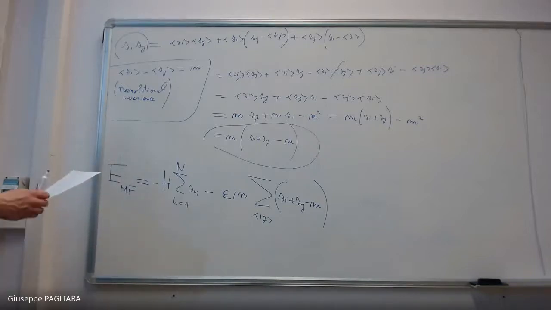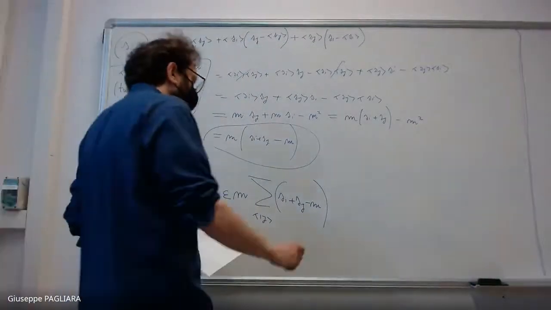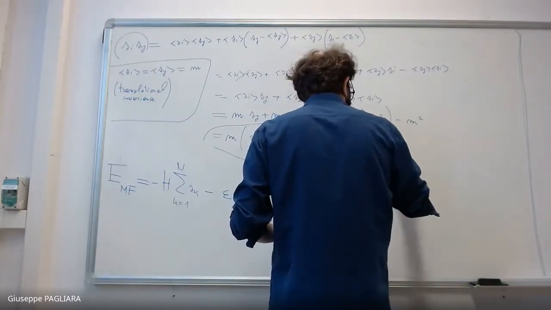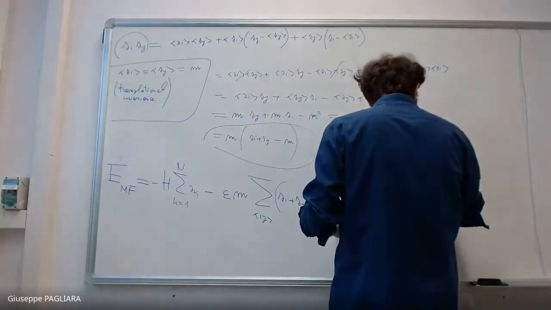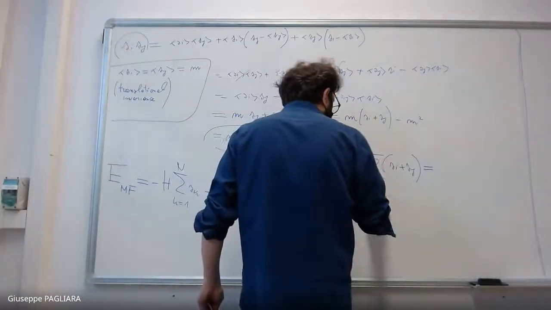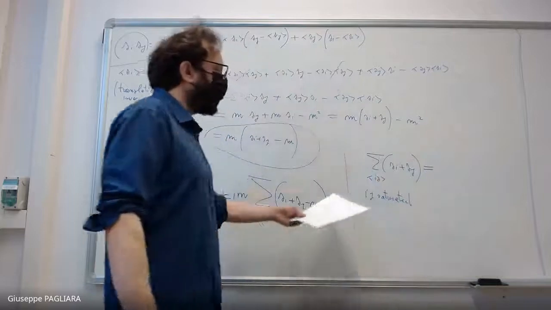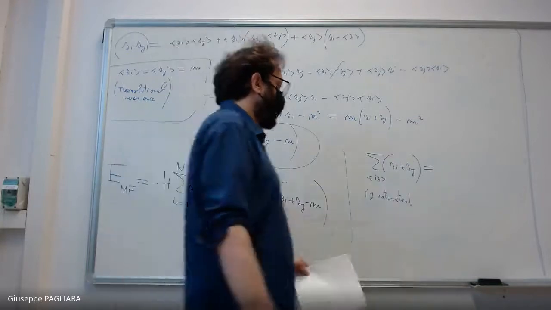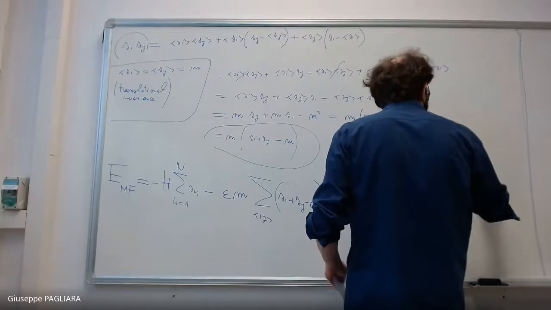But first of all, we have to modify this expression a little bit. So take the sum over i and j of Si plus Sj. First of all, since these indexes i and j are saturated, this is actually twice, for instance, the sum over i and j of Si.